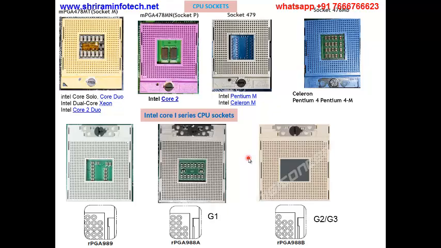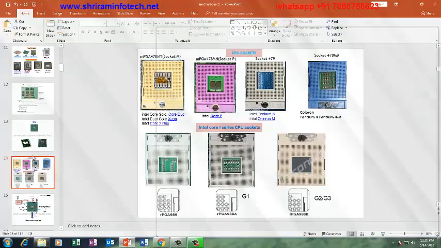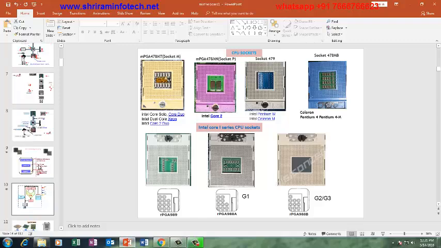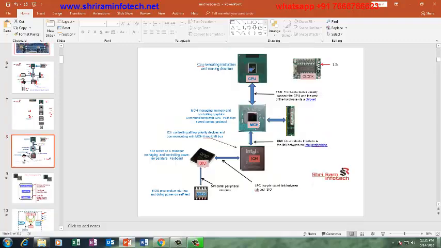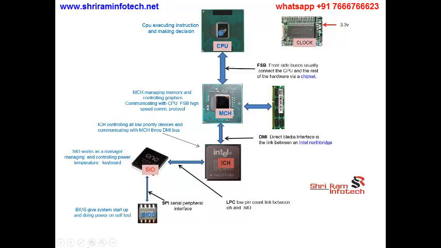In 2009, what Intel did was cut this MCH, and the half portion of the MCH he put into the CPU, the memory module. So now memory is directly connected to the CPU.